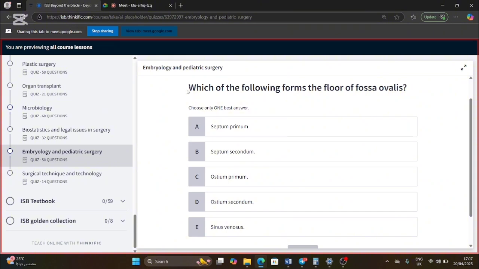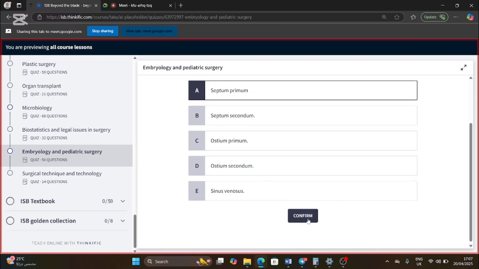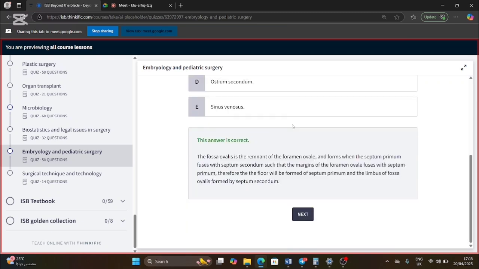Which of the following forms the floor of fossa ovalis? The floor is septum primum, I think. Septum primum. Okay. Yep, that's correct. It's septum primum, right? The fossa ovalis, that's the remnant of what? Of foramen ovale, right?